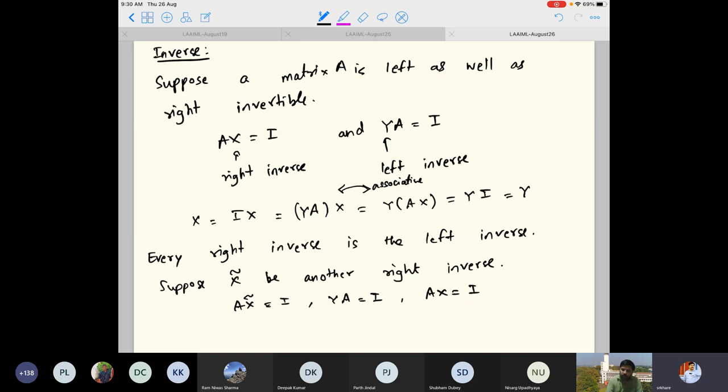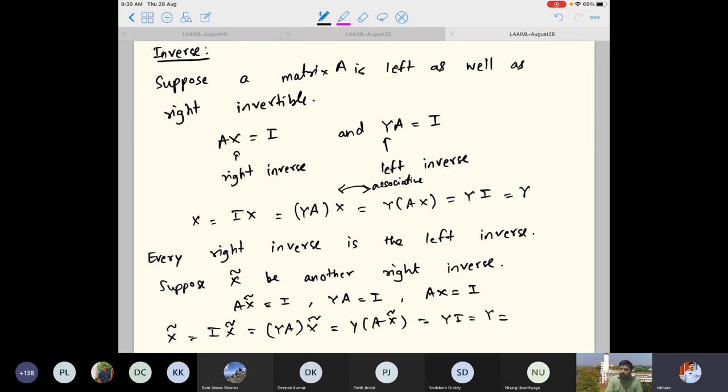So these identities are already known. And instead of x, now I start with x tilde. I can do the same calculation with x tilde. Then this is YA into x tilde, which is identity into x tilde. Then I'll use associativity to show Y into A x tilde, which is nothing but Y into identity, which is equal to Y.